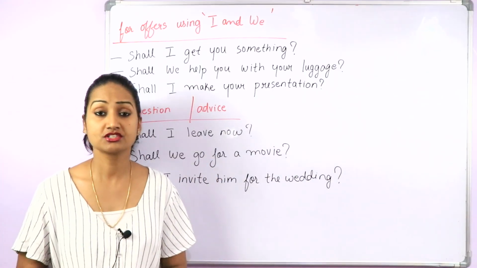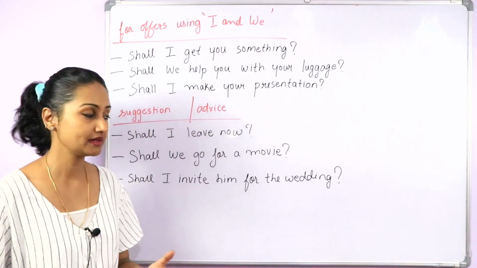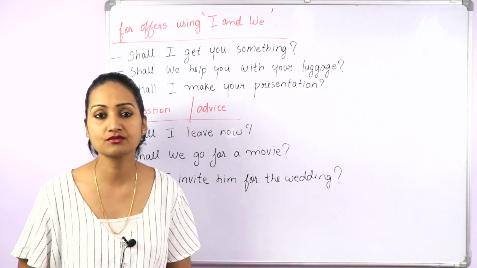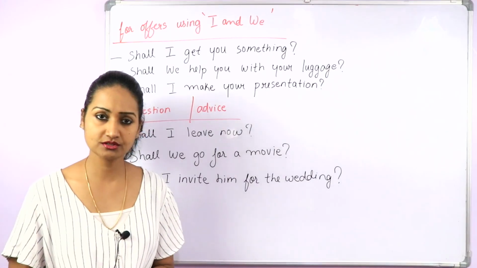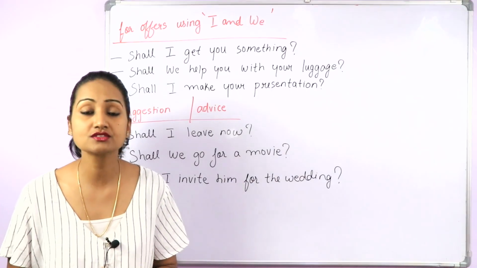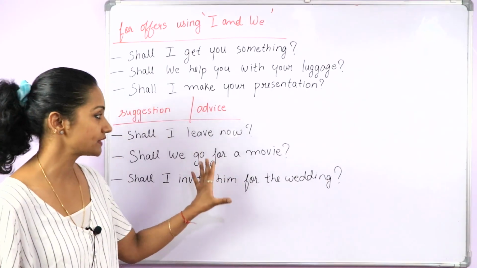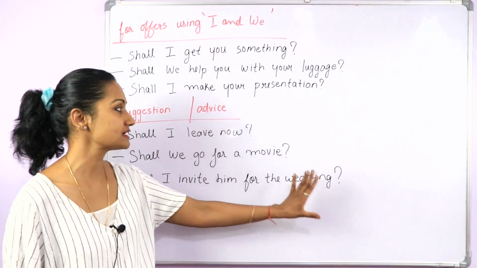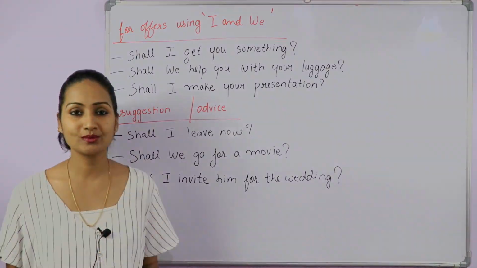I'm getting bored. Shall we go for a movie? We have time. Shall I invite him for the wedding? We have not been talking for many years. So what do you think? Shall I invite him for the wedding? So you are seeking an advice or a suggestion. So this way we can use shall in an interrogative sentence with I and we.